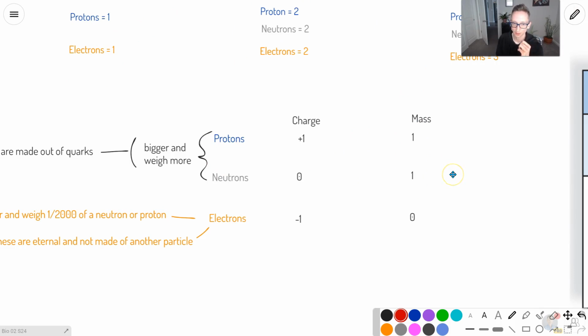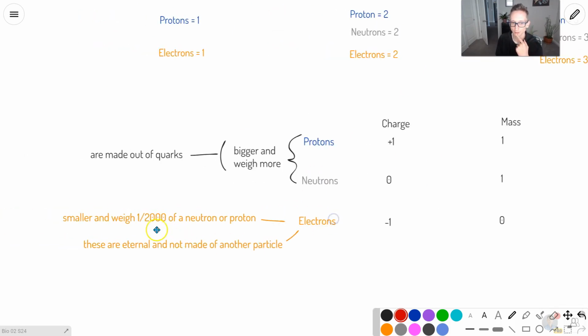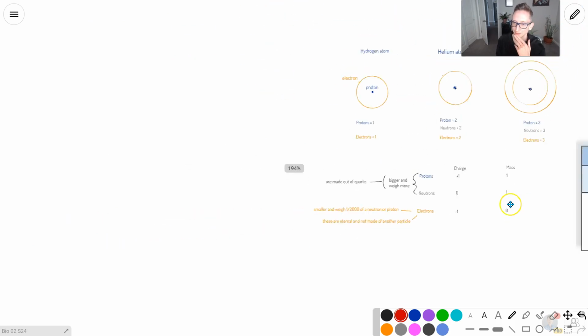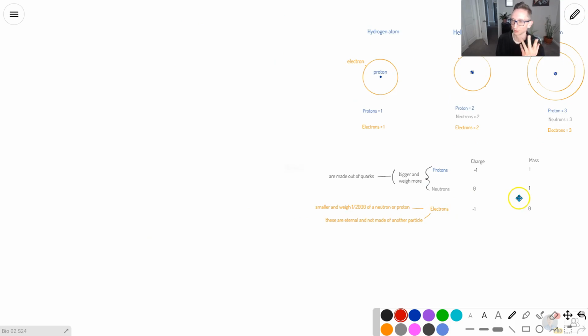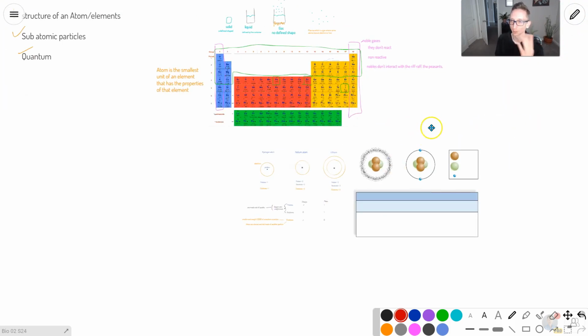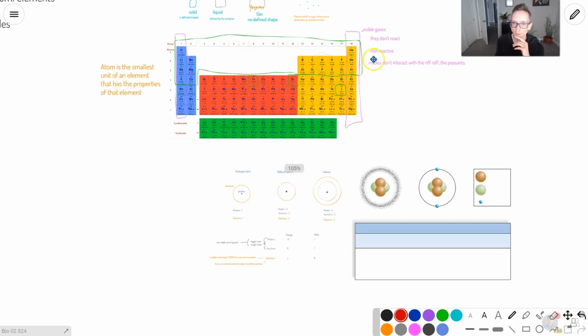So that makes sense. Whereas the protons and electrons have to equal each other because these charges have to cancel out. And electrons weigh essentially nothing, 1/2000th of whatever a proton does. So they don't really contribute to the mass. Even if you had 100 electrons, it's still essentially acting as nothing compared to all those protons and neutrons.